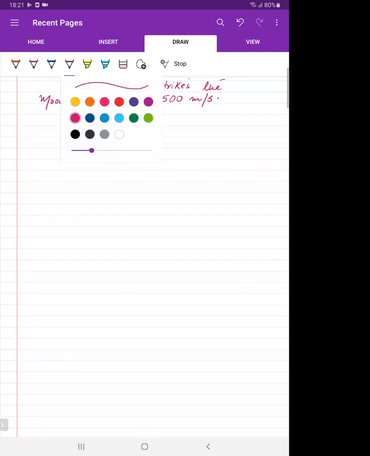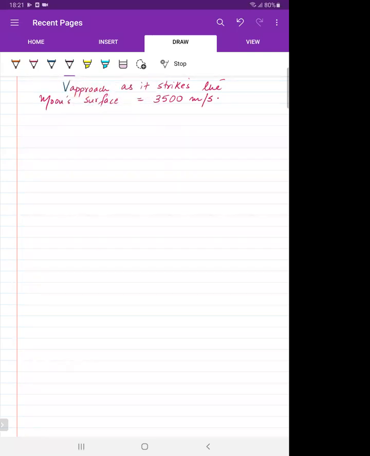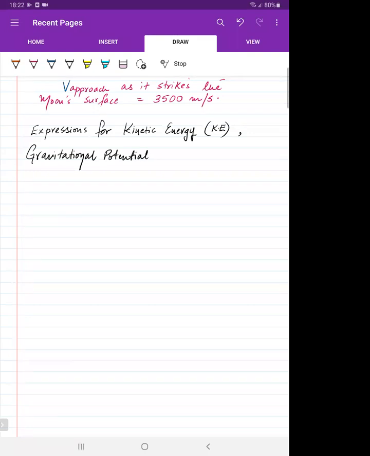All right, so the final working that's left is expressions for kinetic energy, gravitational potential energy, सिंबल्स आपकी चॉइस है जो आपको सही लगे.